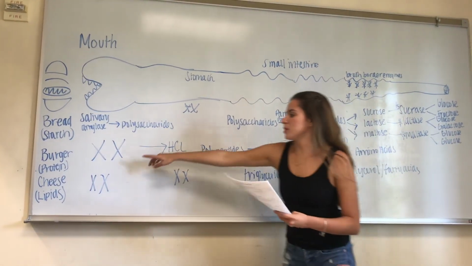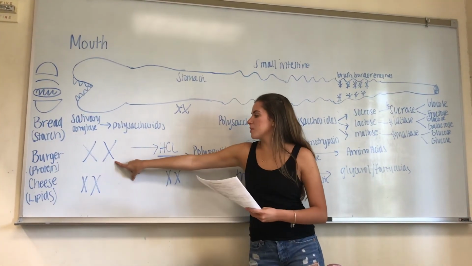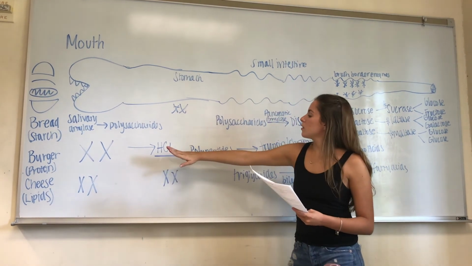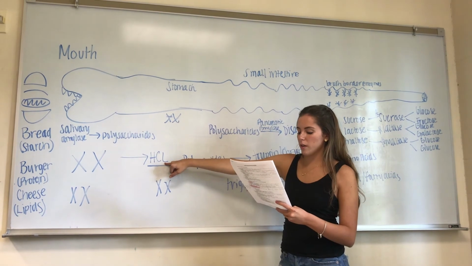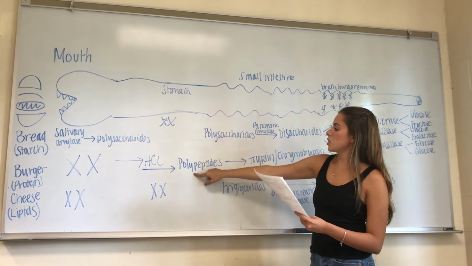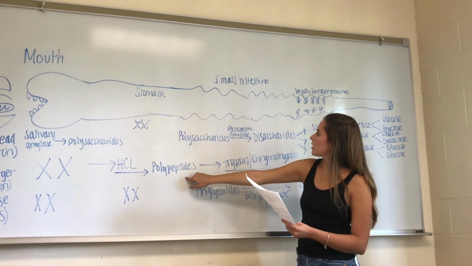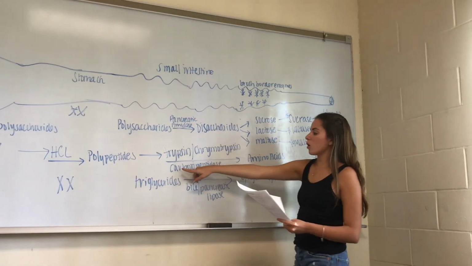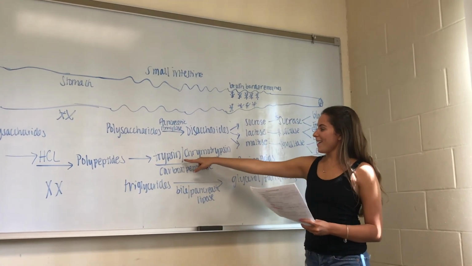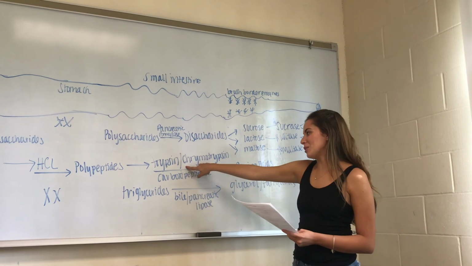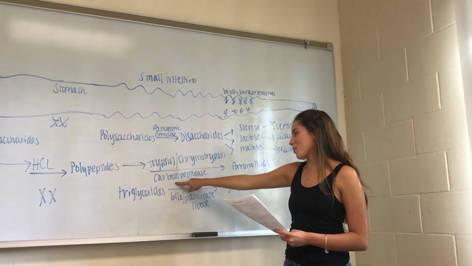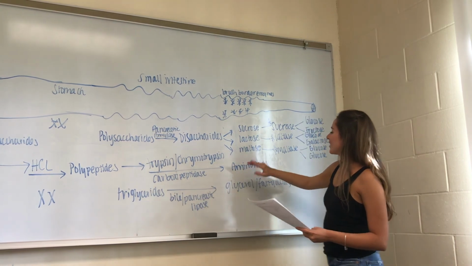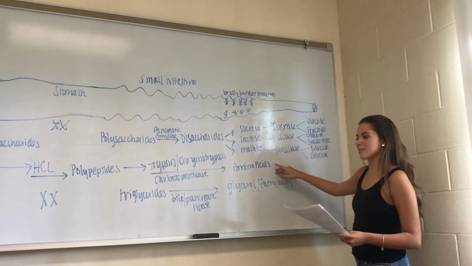Then we move to the proteins. Nothing happens in the mouth. It goes straight to the stomach with hydrochloric acid, which turns it into polypeptides. Then we go into the small intestine, where trypsin, chymotrypsin, and carboxypeptidase break it down to amino acids.